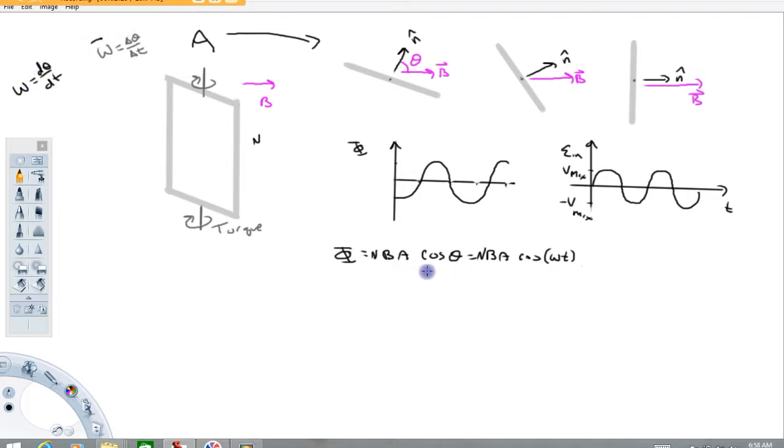So this function would describe the magnetic flux, and that function is going to look something like this. And let's put a minus sign in front of it here, just to make my math function fit this graph that I drew. All right, where this starts is not important.